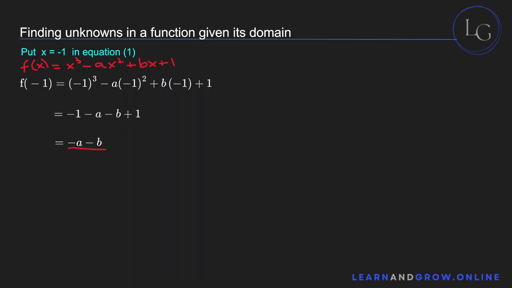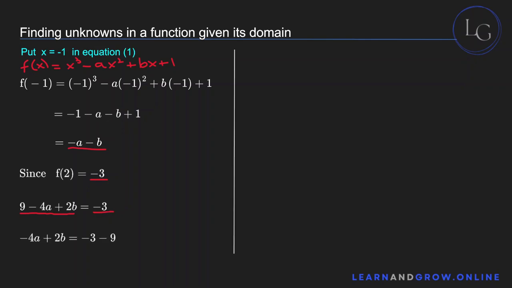Now, let's look at f of 2 first. We found f of 2 earlier, right? That was equal to 9 minus 4a plus 2b. And the actual value of f of 2 is equal to minus 3, that was given to us in the original question. So 9 minus 4a plus 2b is equal to negative 3. Once you simplify this, just take this 9 to the right hand side.